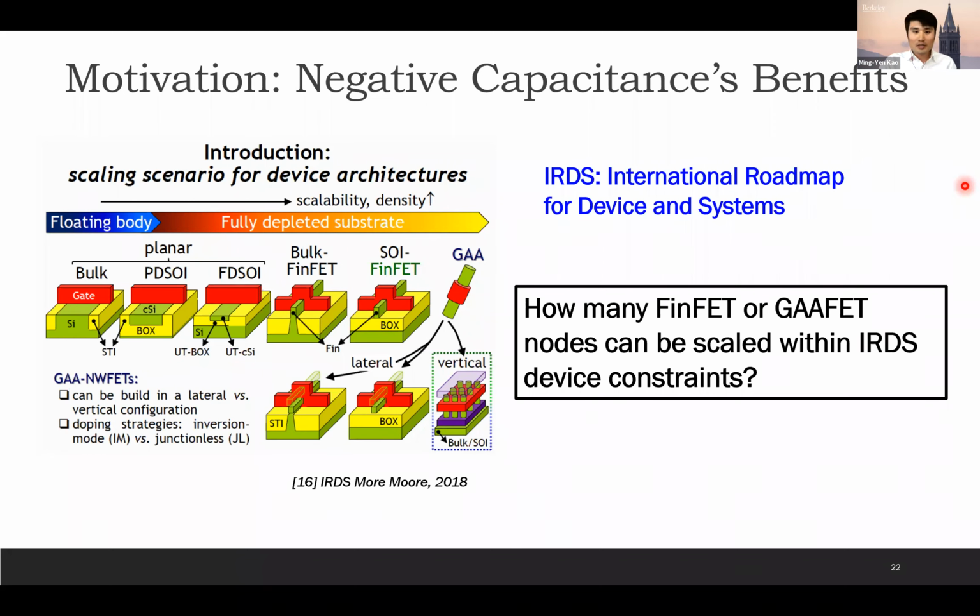If we look at this left-hand side figure, we can see the development of the transistor architecture over the years. We went from planar, and about 10 years ago we transitioned into the FinFET. The FinFET was developed here at Berkeley.